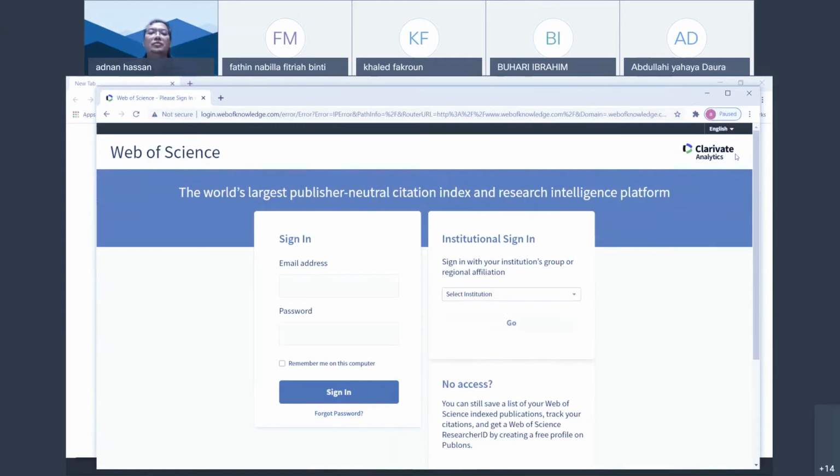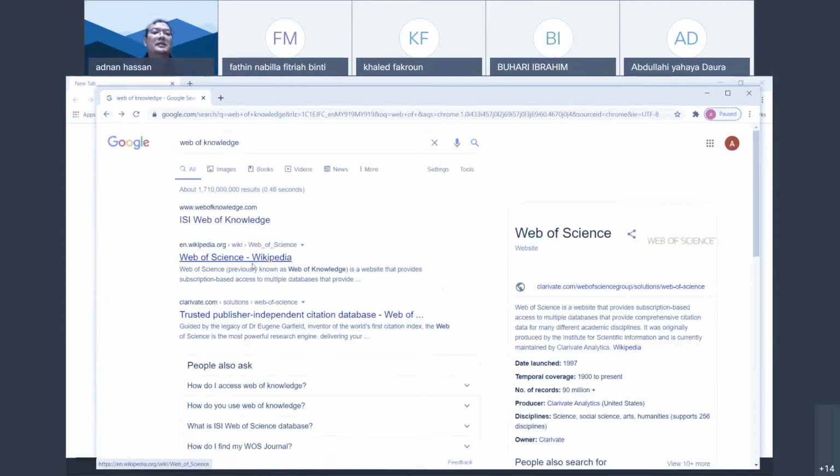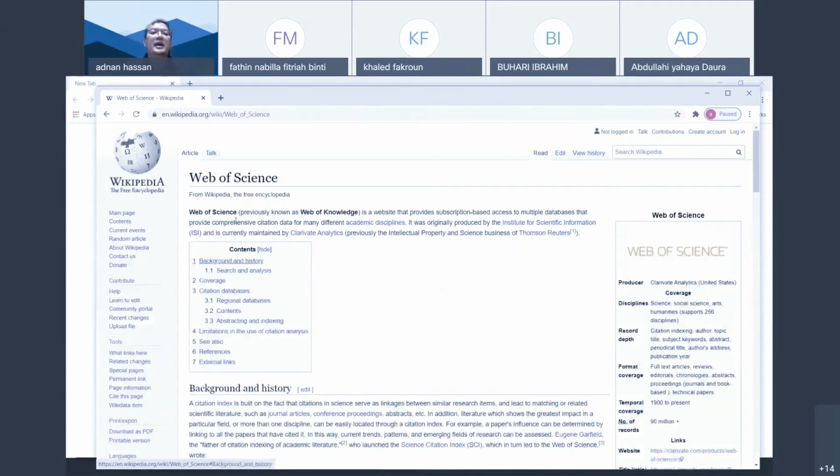You need to register for this. Then there is Web of Science. If you want to know what Web of Science is, it was previously known as Web of Knowledge.